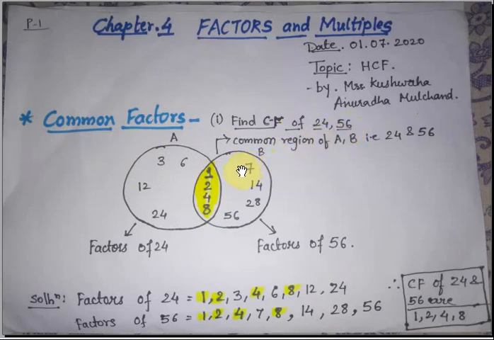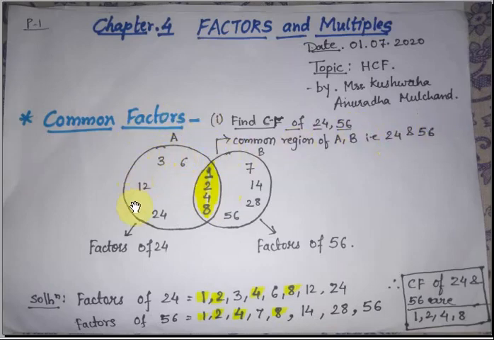So let's solve this example. We have to find the common factors of 24 and 56. To explain this, I have made a pie diagram where this shaded area is the common region of 24 and 56, which represents the common factors.